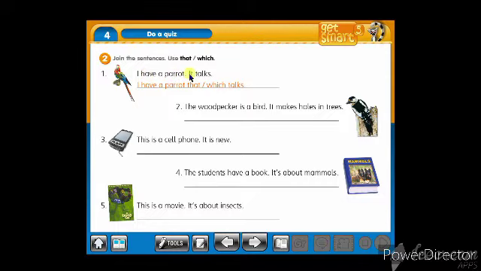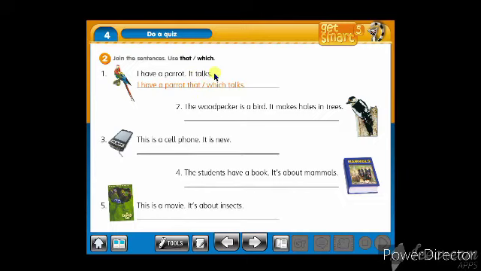The parrot talks. This is extra information about the parrot. So what do I have to say? I have a parrot that talks or which talks. Don't forget that when you're using that, it's more used on oral presentations.